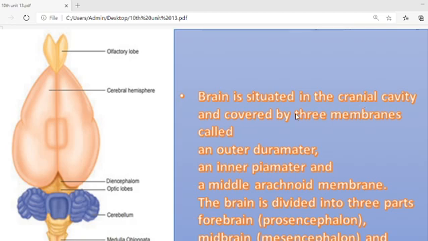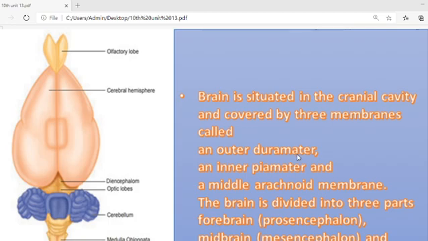The brain is covered by three membranes: the outer membrane is called dura mater, the innermost membrane is called pia mater, and in the middle is the arachnoid membrane. These layers are collectively called meninges.